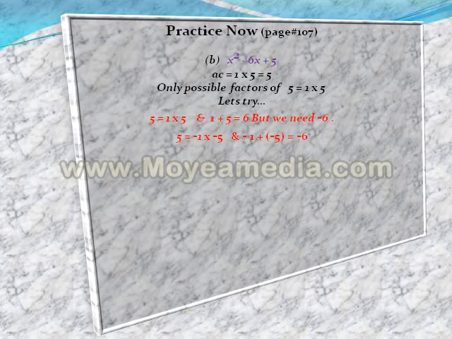The second condition now: remember, when we decide the two numbers, the same two numbers must be multiplied to get the product AC, and the same two numbers must be added to get the coefficient B of x. So here it is, minus 1 plus minus 5. Again, remember the rules of adding the signs also.